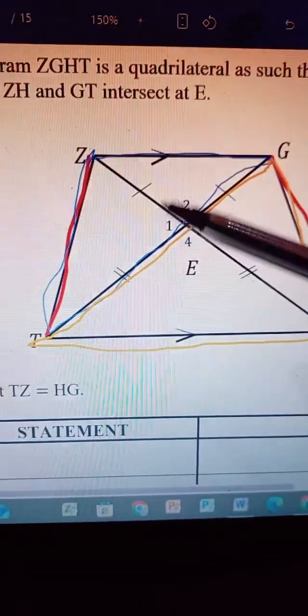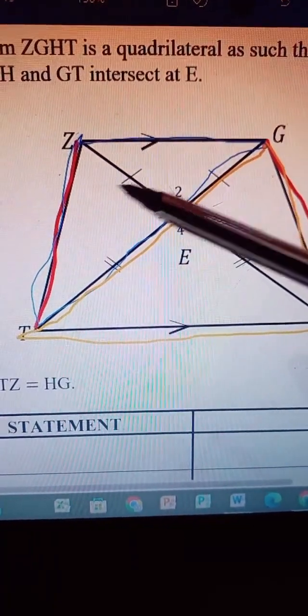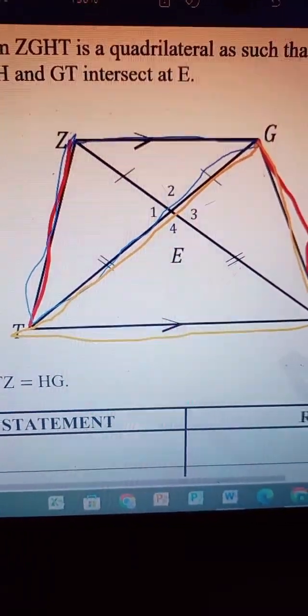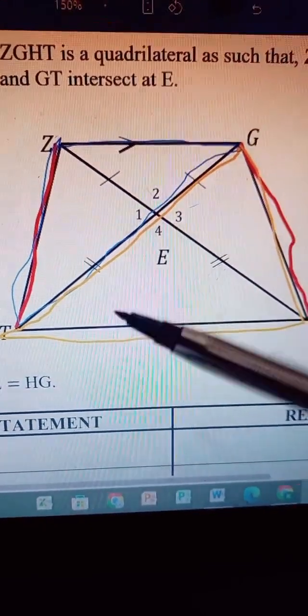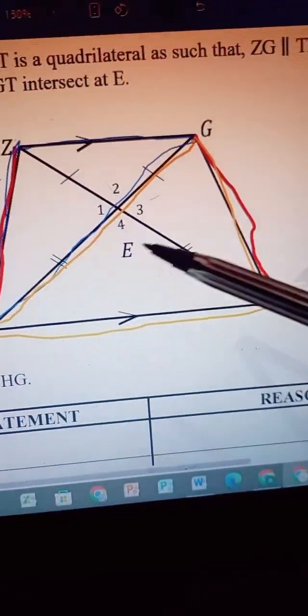Meaning that this line from here to here is equal. So part of the intersection line, they are equal. And then we are saying ET is equal to EH. You see? ET equal to EH.